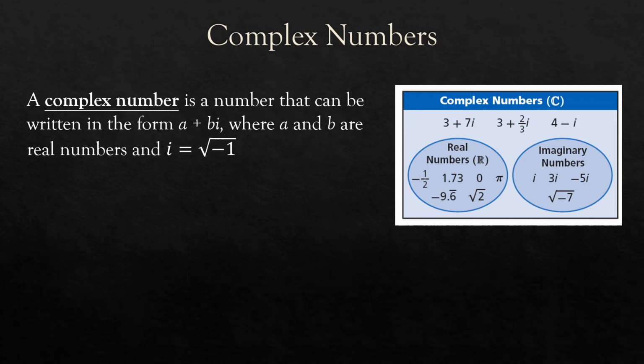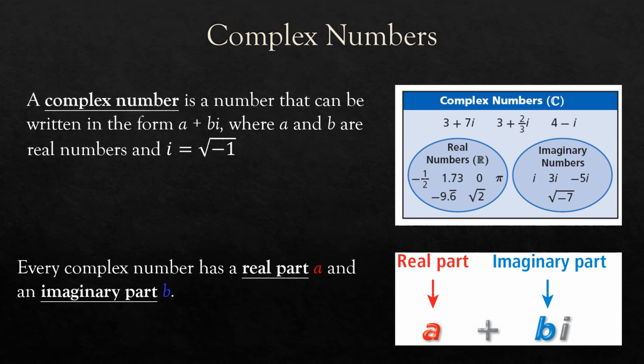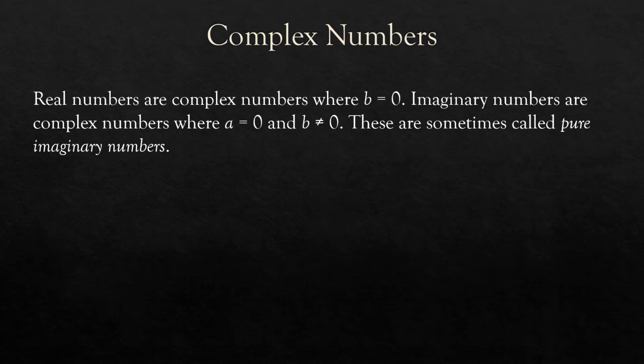We then have our complex numbers, which consist of adding a real number to an imaginary number. Now, we cannot add real and imaginary numbers directly. However, we can combine them to create complex numbers. So every complex number has a real part a and an imaginary part b. Real numbers are simply complex numbers where b is equal to 0.